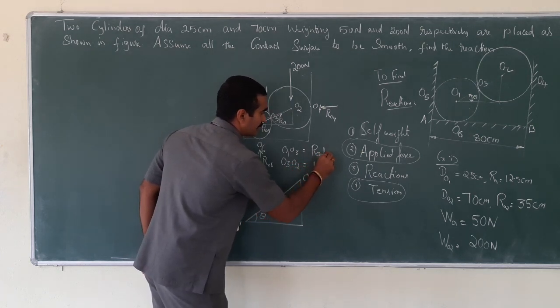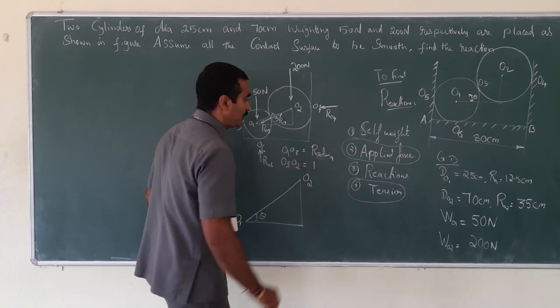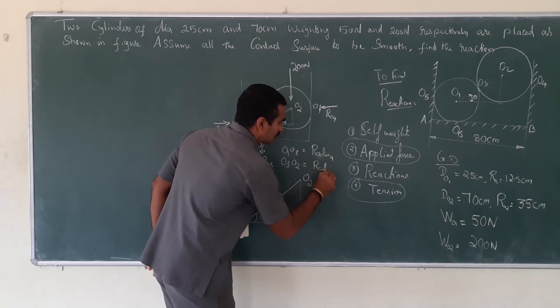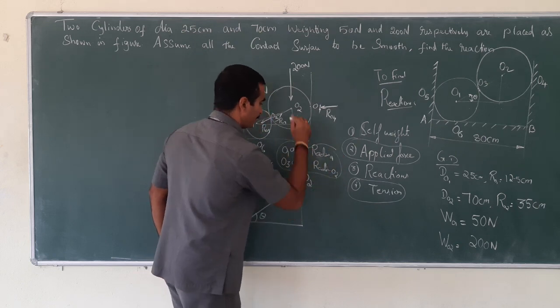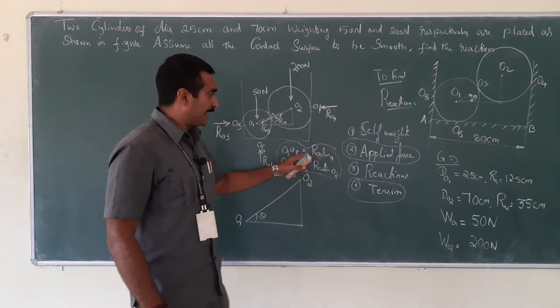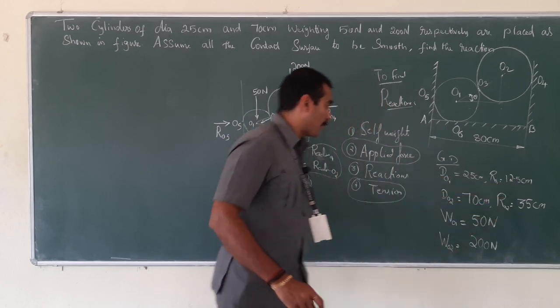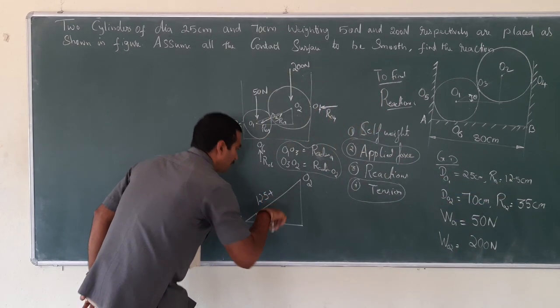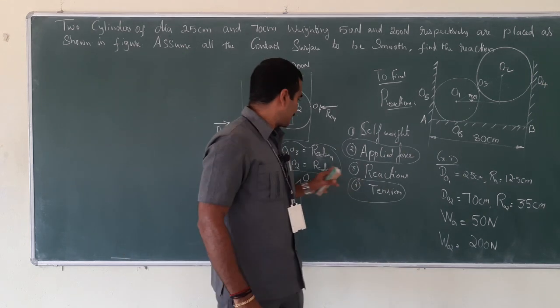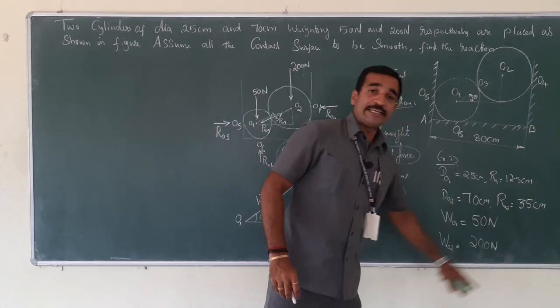Let me just mention here in order not to confuse you. So here is the radius of O2. So what is the radius of O1? Which is 12.5. That means 12.5 plus what is the radius of O2? 35.